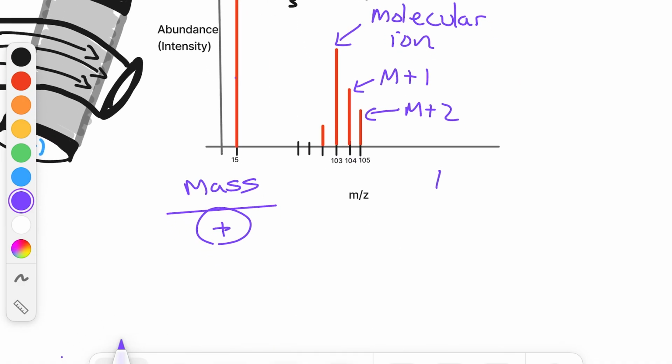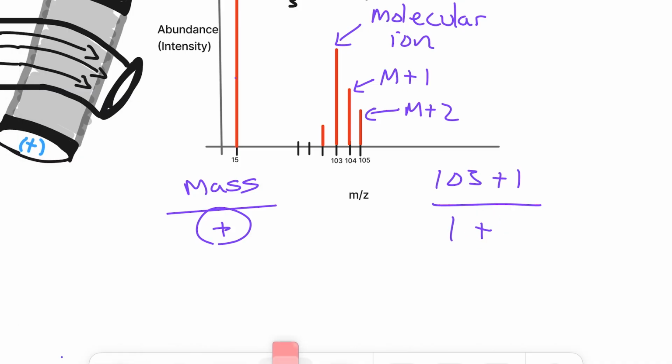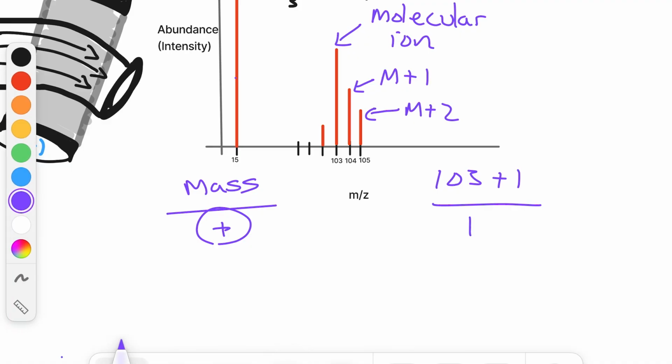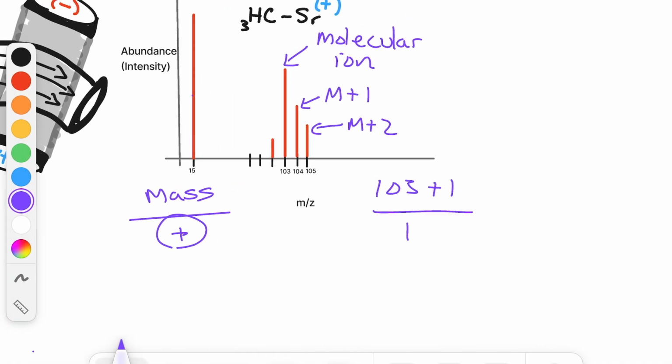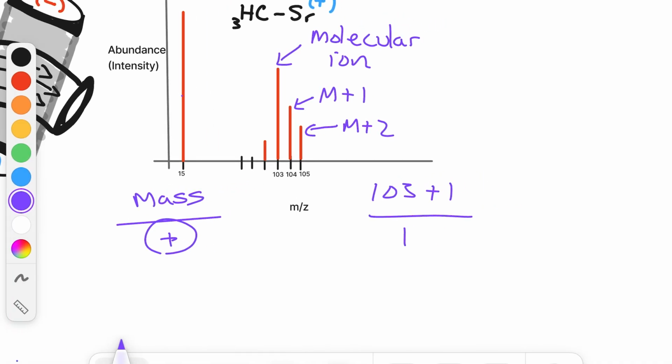So 103 is the original mass, +1 over Z, which is just 1 cation. So that's the M+1, so 103 plus 1 is obviously 104, and then the M+2 would be 103 plus 2 over the 1 cation.